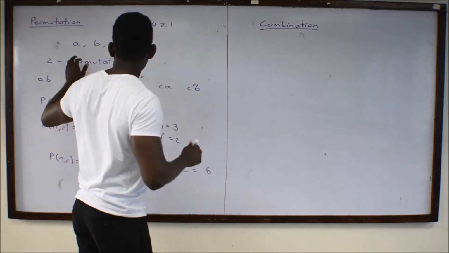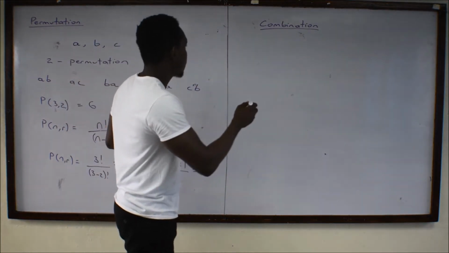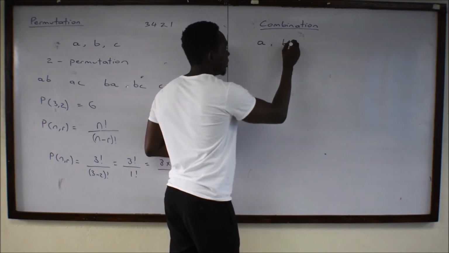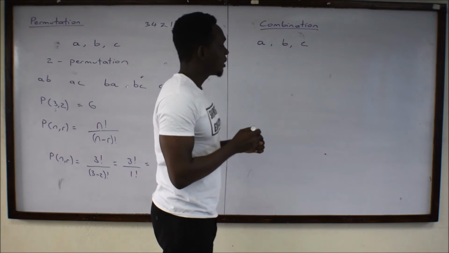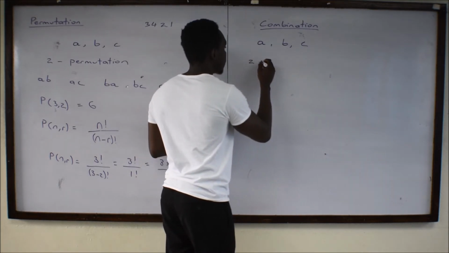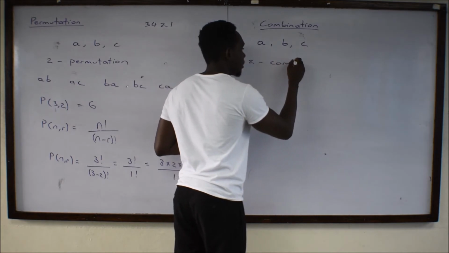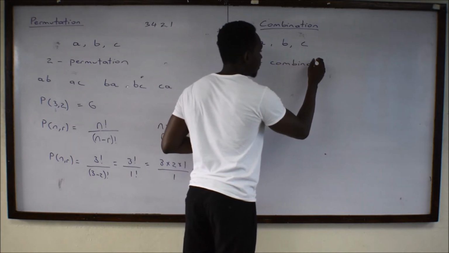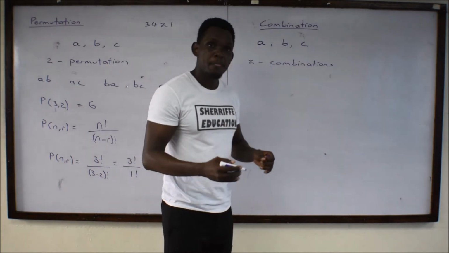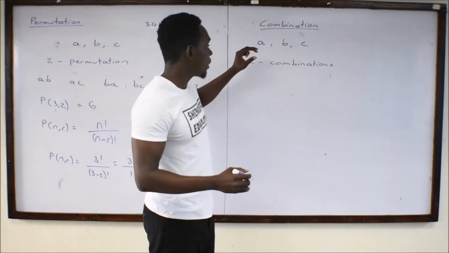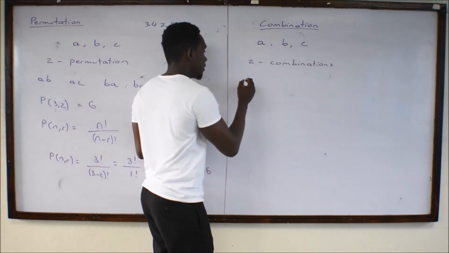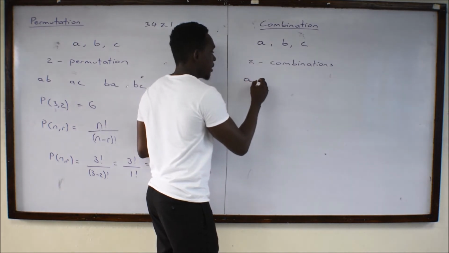So let's look at the same set of elements, A, B, C, and the 2 combination. Once again, we are selecting two elements from this pool. So I could say A, B.